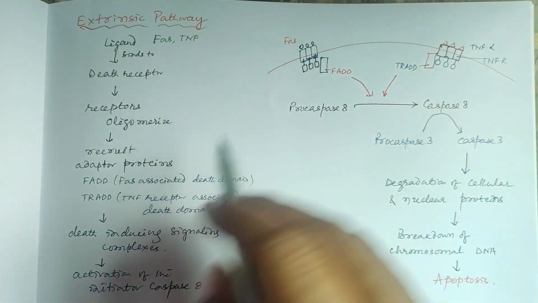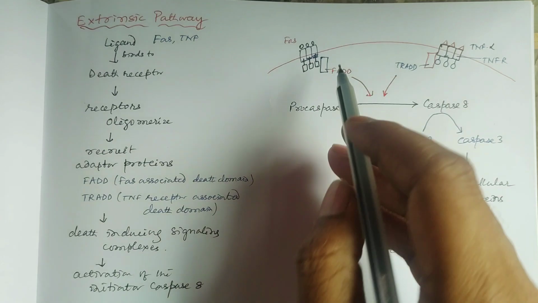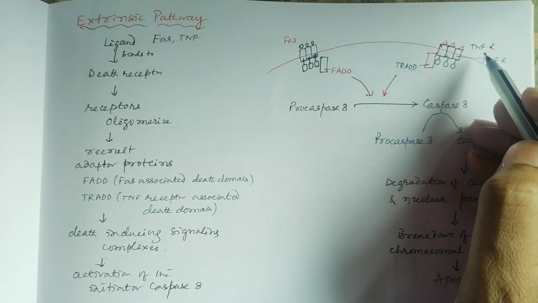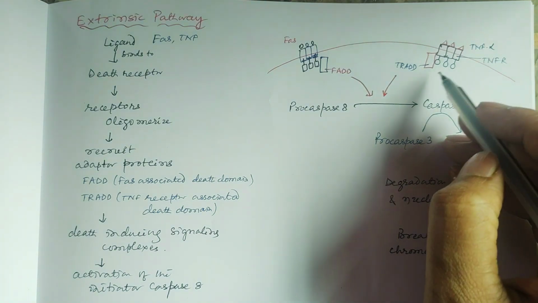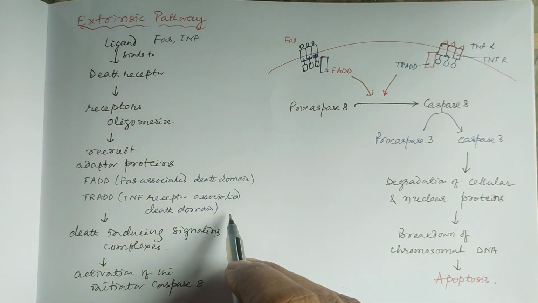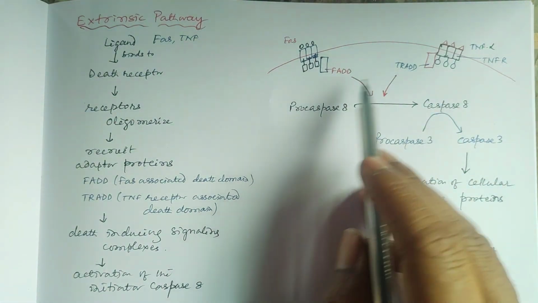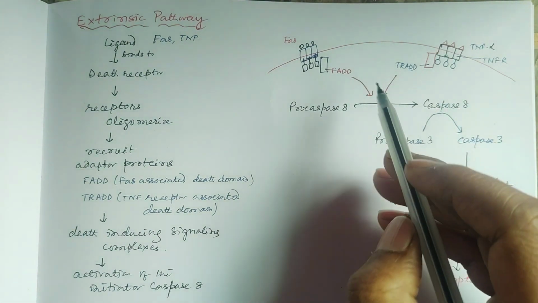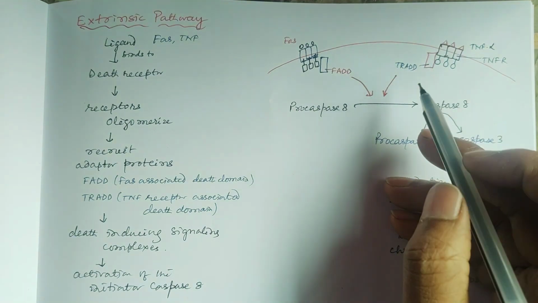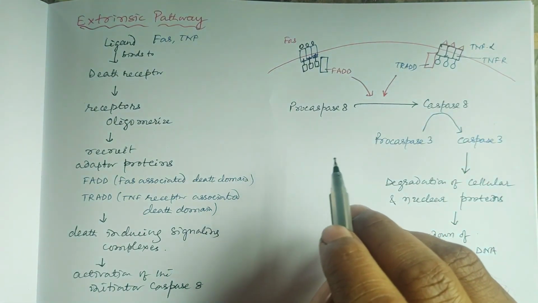In case of FAS, the adapter protein is the FAS associated death domain, FADD. In case of TNF alpha receptor, it is TRADD, TNF receptor associated death domain.